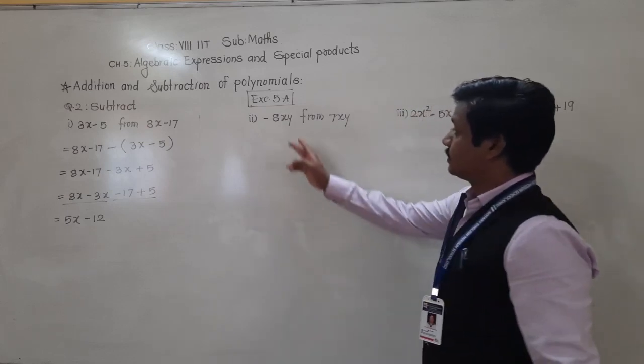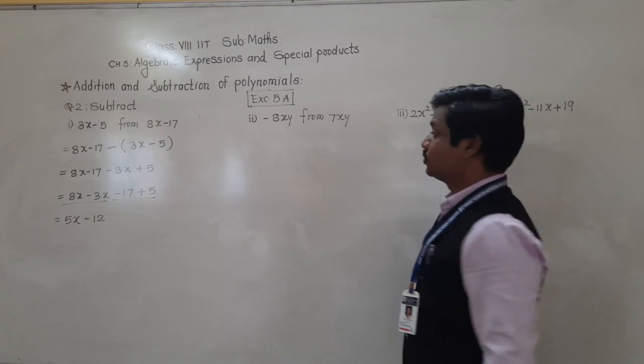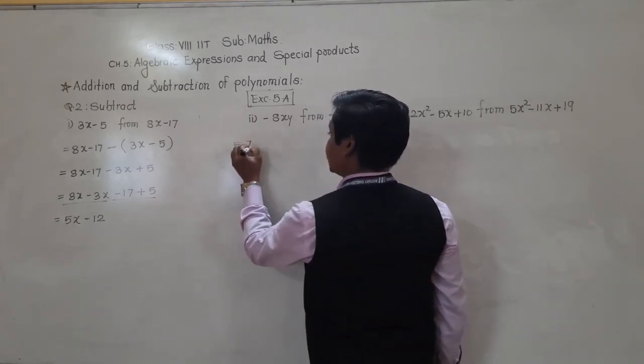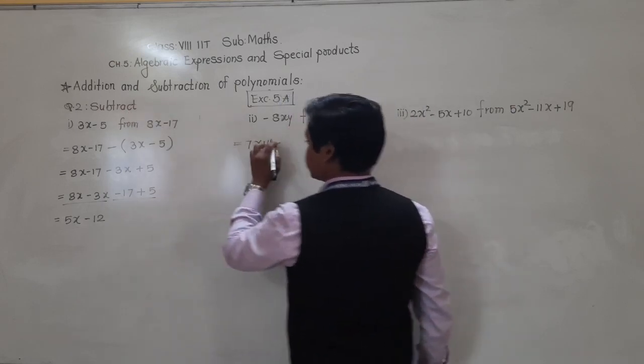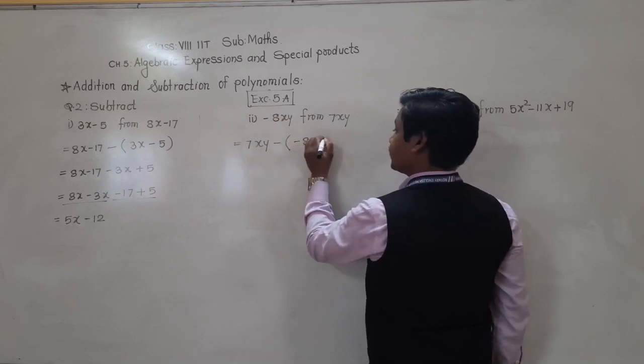Next, subtract minus 8xy from 7xy. So obviously 7xy will come first. 7xy minus, this minus sign for subtraction, minus 8xy. Okay.